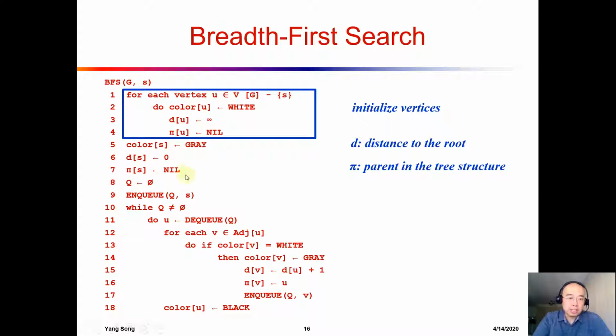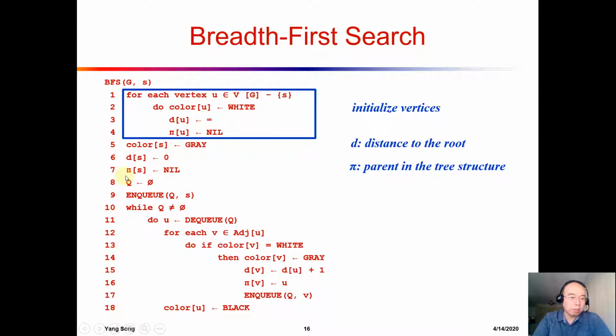And the next step, we want to touch the root. So for the root, we color that gray. And what does gray mean? Gray means we have already discovered that node, but we haven't fully explored that yet, right? And then for d of s, the distance to the root, since s itself is the root, d of s will be 0.